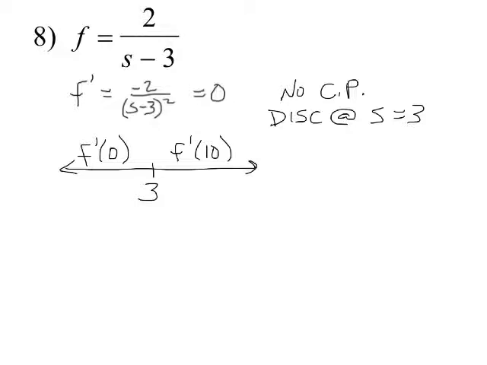If we stick 0 into the function, we would get -2 over the value of -3 squared. So that is -2 over +9.